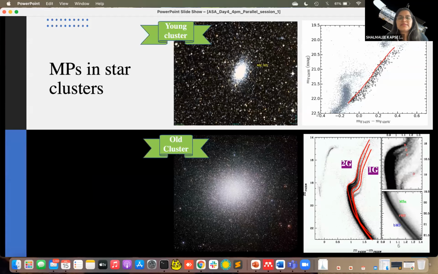So in this slide, I'm showing two clusters, one with a very young age, around 1.9 giga-years old, NGC 1978, which shows evidence for multiple populations. And the second picture in this slide is a very old cluster, which also shows evidence for multiple populations in it.